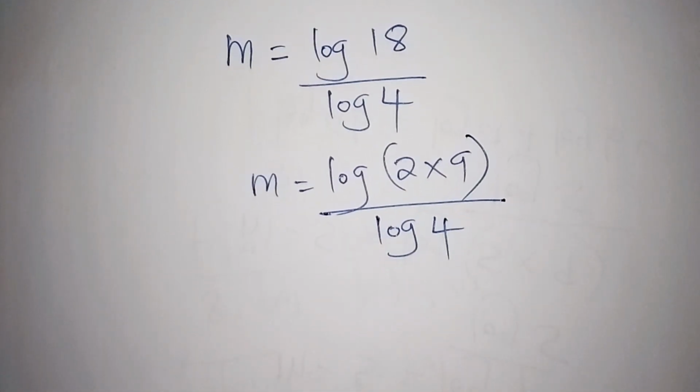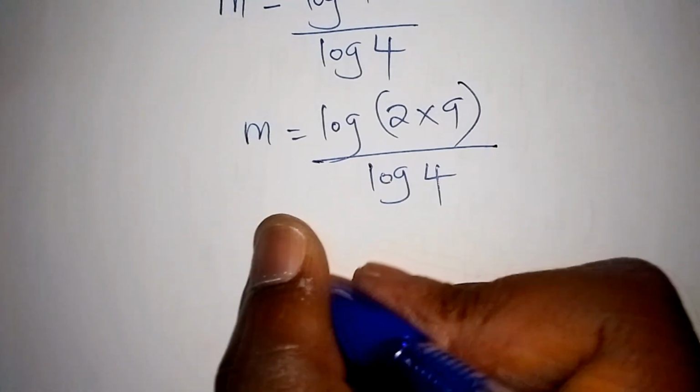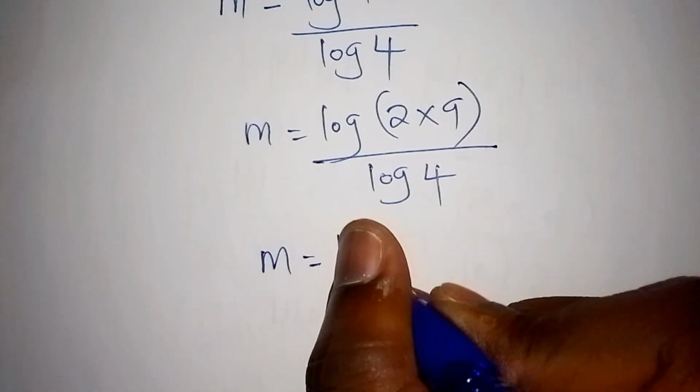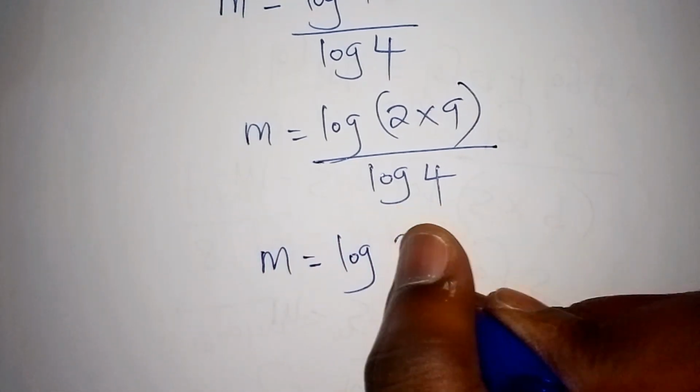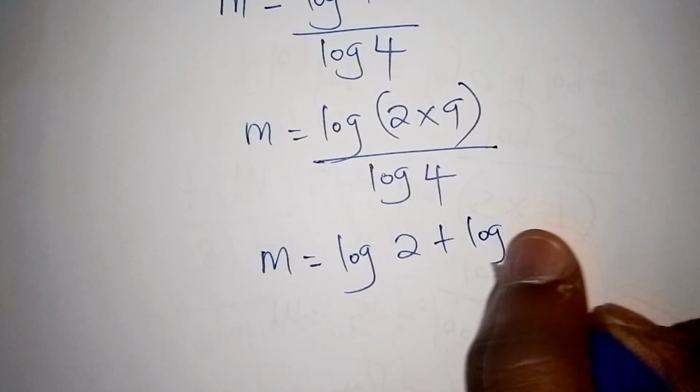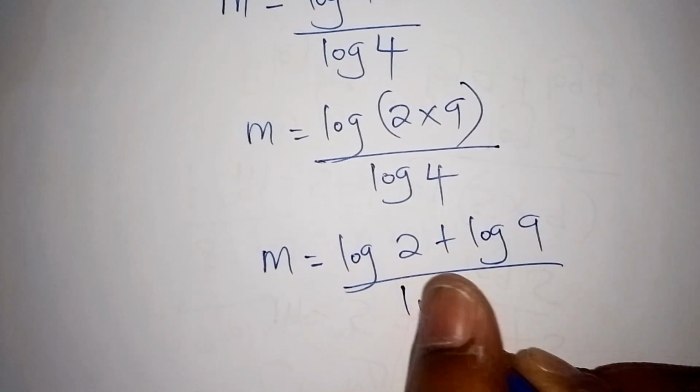So m equals the log of 2 plus the log of 9 all over the log of 4.